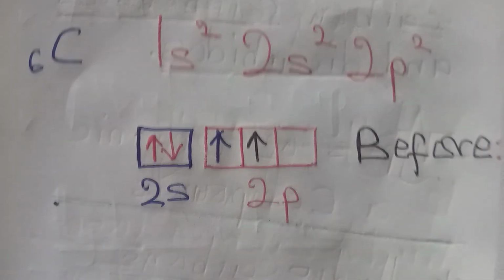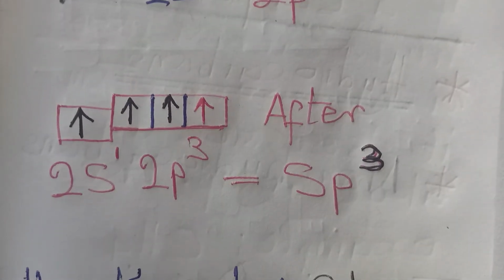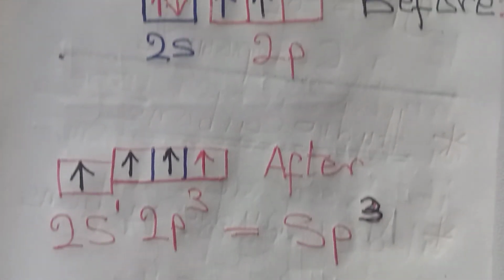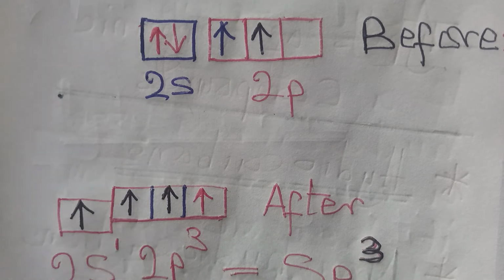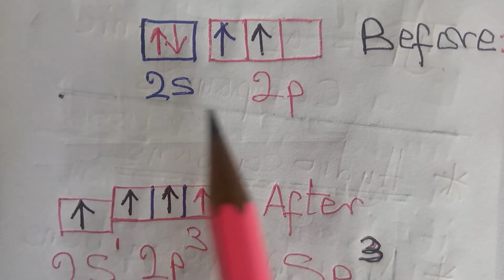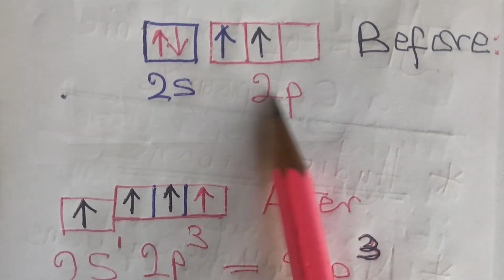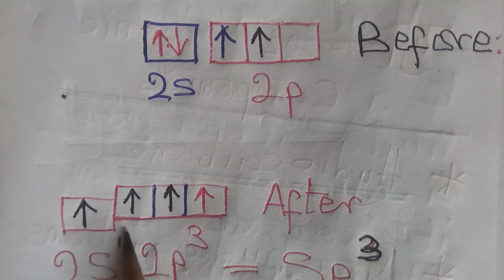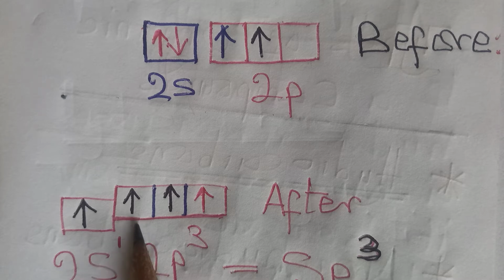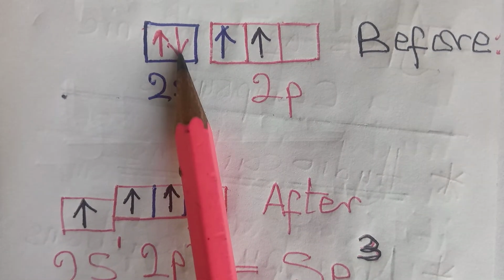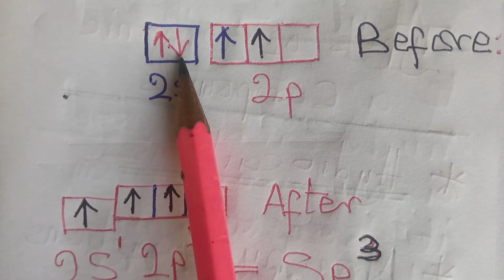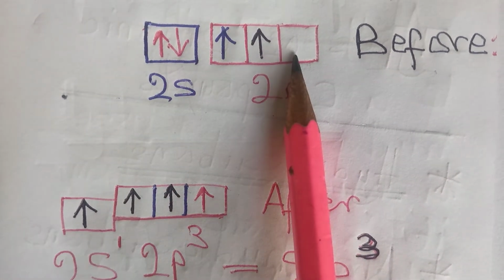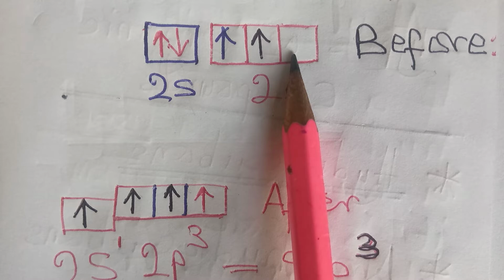Now what happens after the hybridization? It will be observed that the 2s and the 2p orbitals blend. In other words, look at the blending. And that blending gave rise to the fact that one of these 2s electrons will be promoted to the vacant 2p orbital.